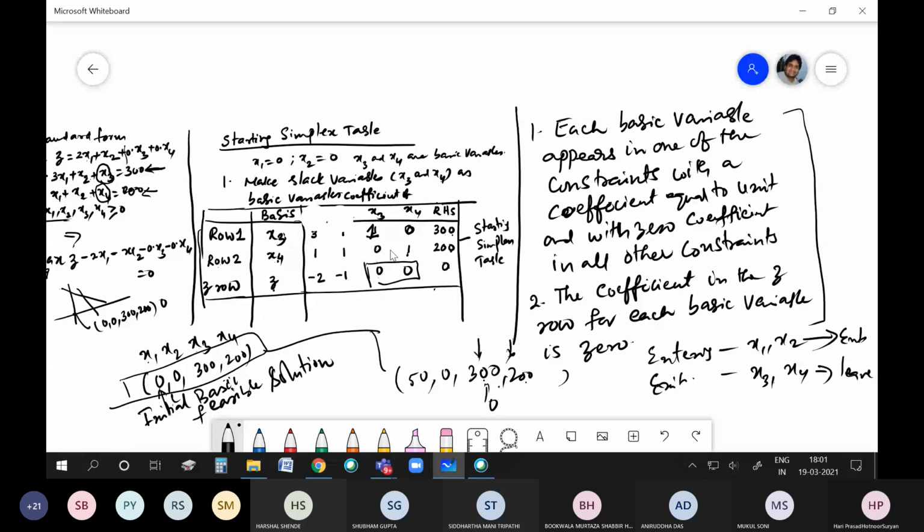And among these basic solutions, they should also be feasible. What is a feasible solution? It should satisfy all the constraints. So the solution should be basic and also feasible.